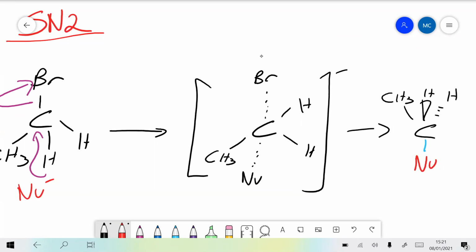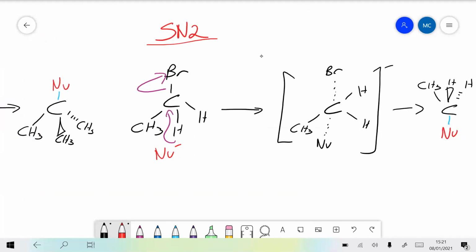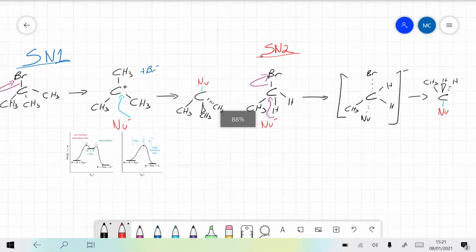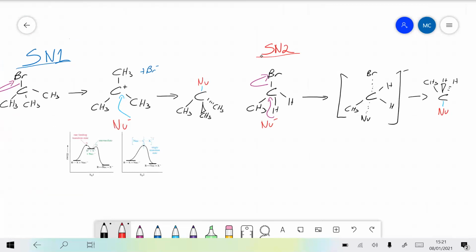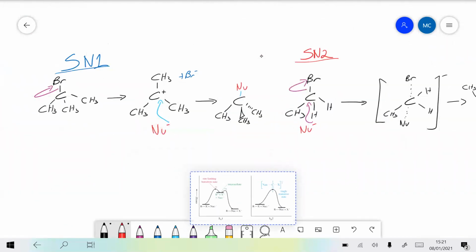So someone asked me, what about secondary halogenoalkanes? We haven't really spoken yet about what happens with SN1 and with SN2. We'll speak about that in a minute.